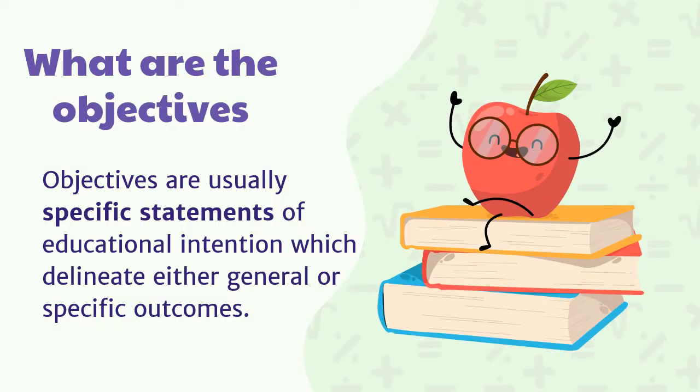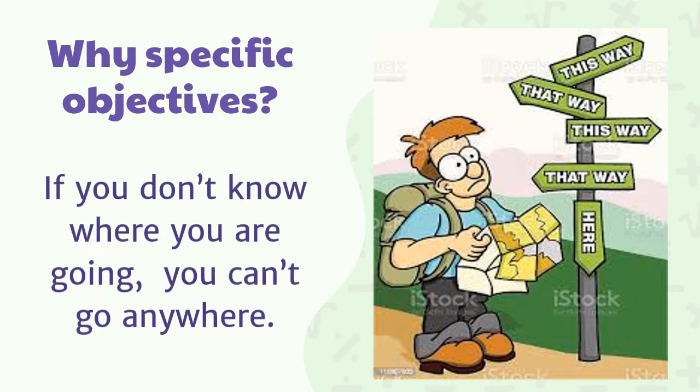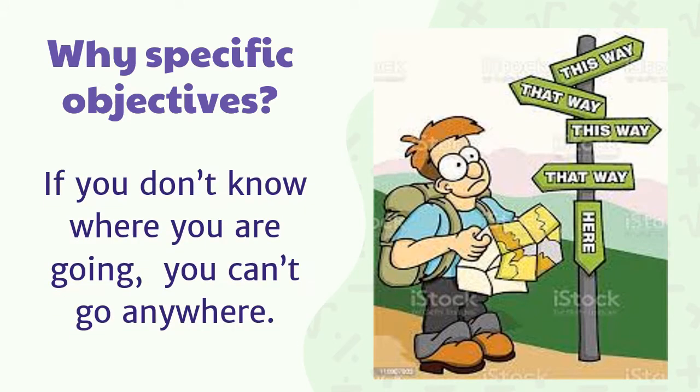Let us see what the objectives are. Objectives are usually specific statements of educational intention which delineate either general or specific outcomes of the particular course or the curriculum or the lesson or any learning activity. Is it important to determine our objectives?